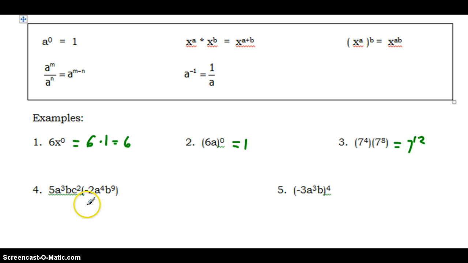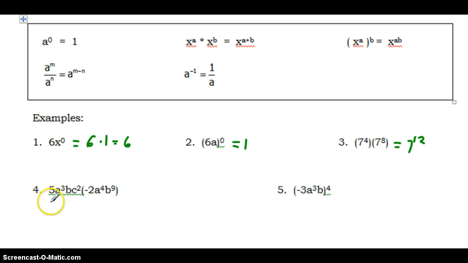Our fourth example is talking about the same base. Here we have 5a cubed bc squared times negative 2a to the fourth times b to the ninth. This is more of an example from Algebra 2 where we'll be using these rules more in depth.